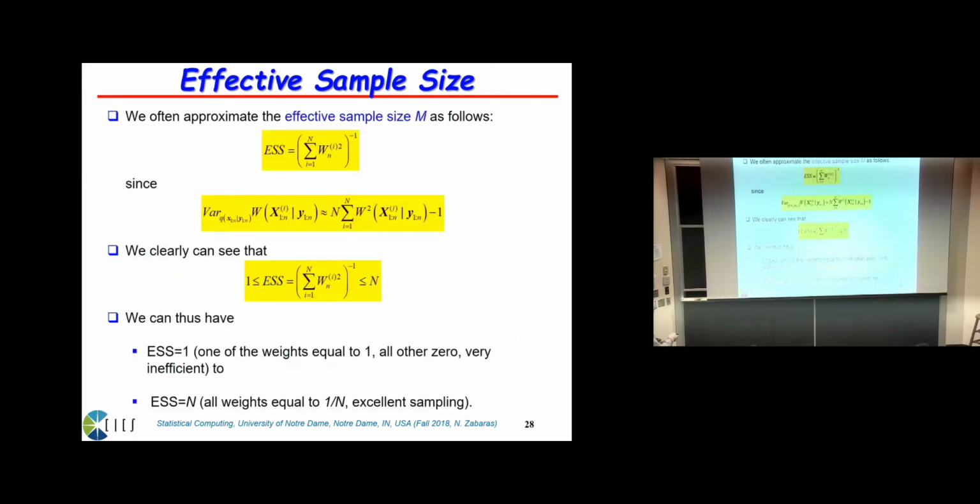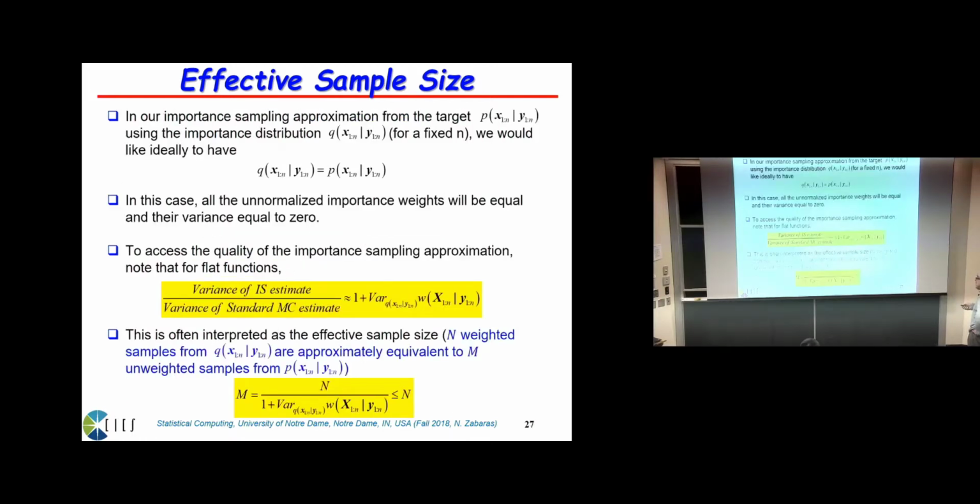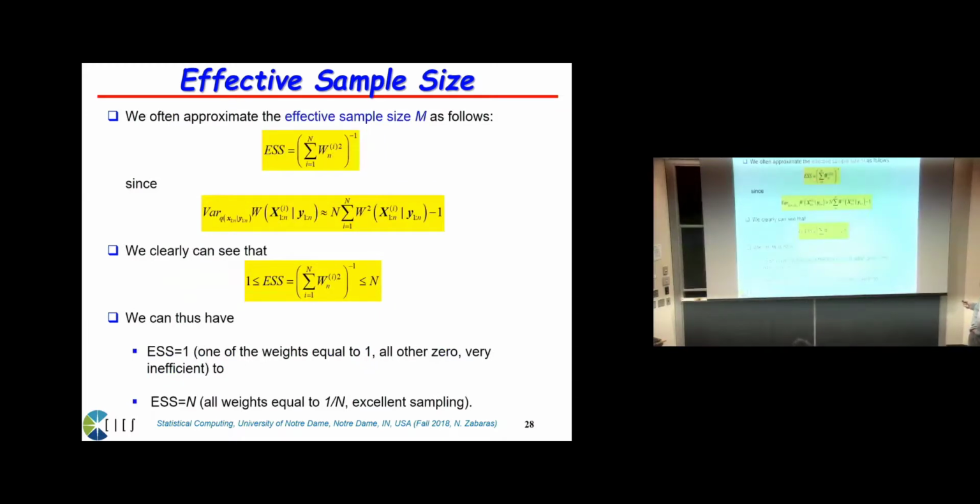So something that you should use in practice when you want to figure out how efficient your importance sampling calculations are, you have to calculate what is called the effective sample size M. This is basically the same M as here. And the importance sampling effective sample size is the inverse of the sum of the squared normalized weights.